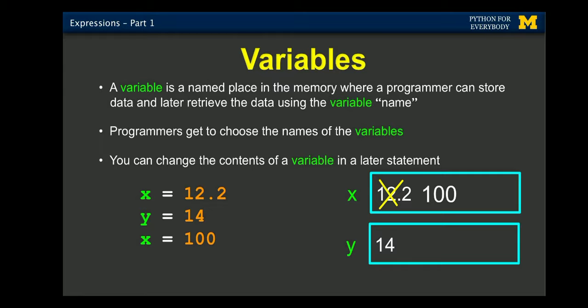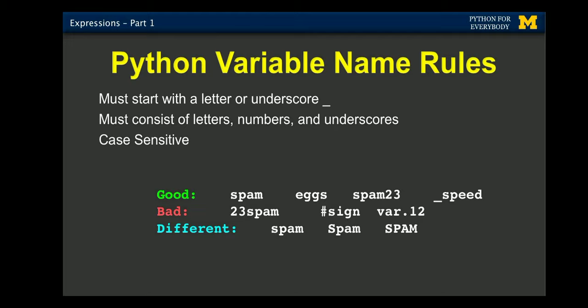Python variable name rules. There are rules which must be considered before naming any variable. It must start with a letter or underscore. It must consist of letters, numbers, and underscores. Anything else than that, like a pound sign, at sign, or dollar sign, is not allowed in variable names. Names are case sensitive.